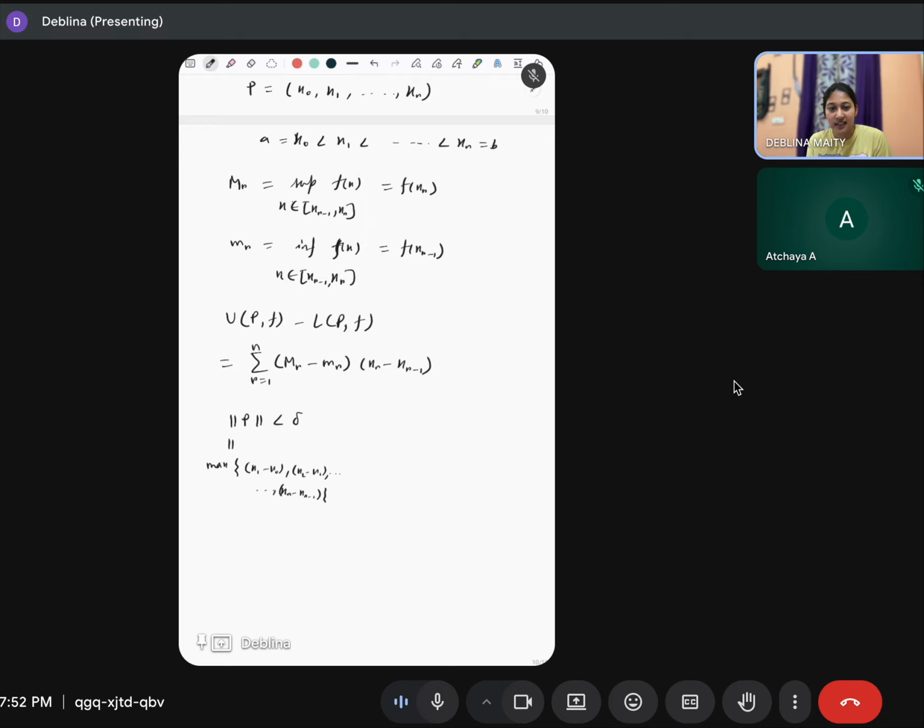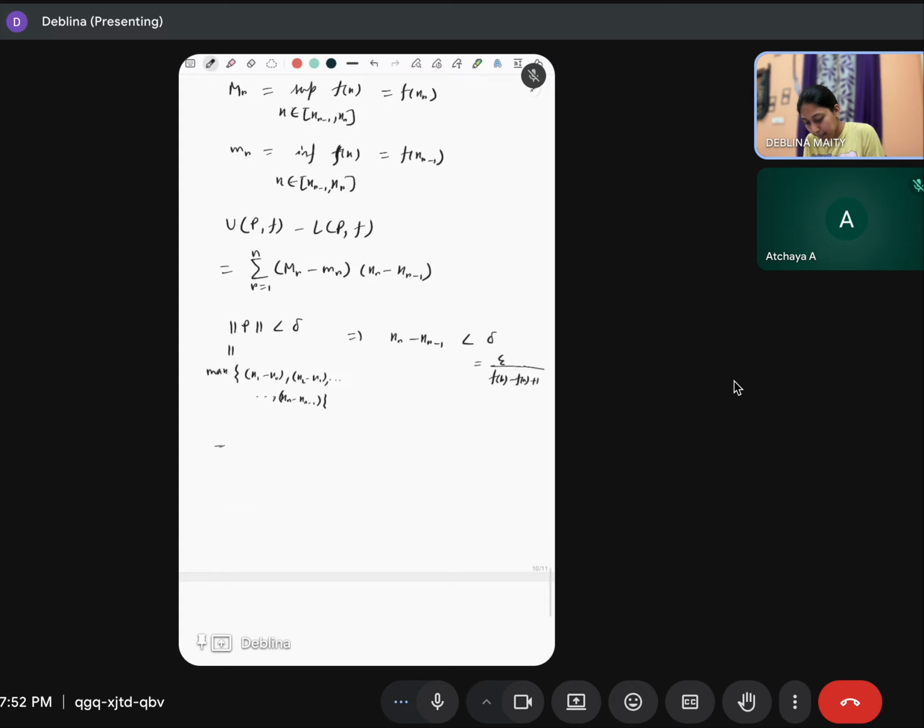This means the length of every subinterval is less than delta, so xr minus x(r-1) is also less than delta, which is epsilon by f(b) minus f(a) plus 1.